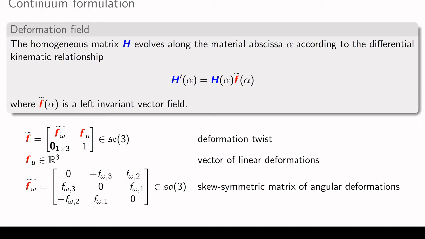This deformation twist is a 4x4 matrix, composed on the upper left by the skew-symmetric matrix of angular deformation, and on the upper right by the vector of linear deformations.